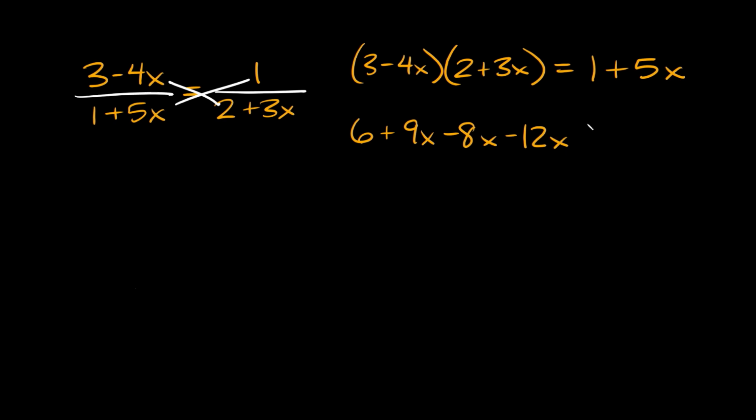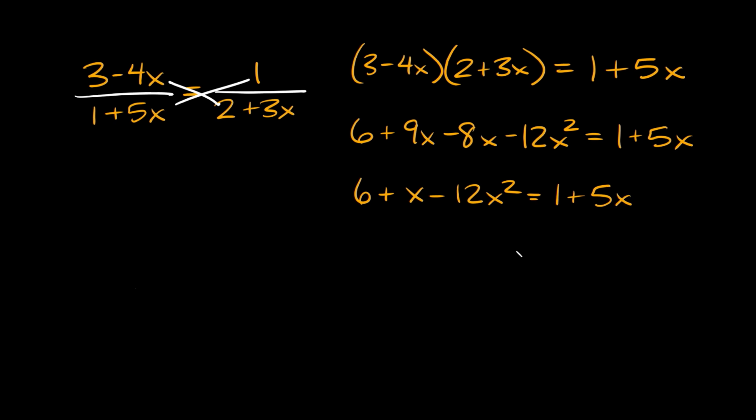Negative 12x squared. And again, that's equal to 1 plus 5x. Okay, now let's combine like terms. So here we have 9x minus 8x, that's equal to 1x, or simply just x. So on the left side, we have 6 plus x minus 12x squared is equal to 1 plus 5x.